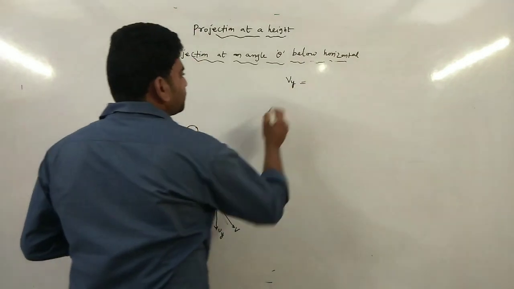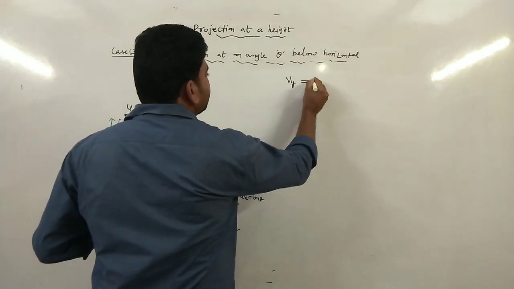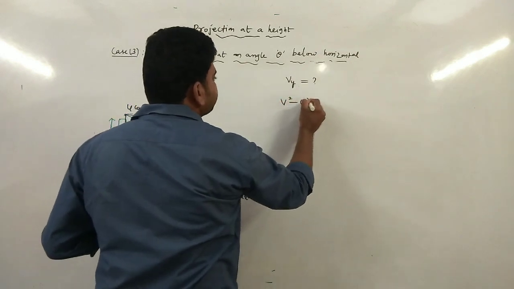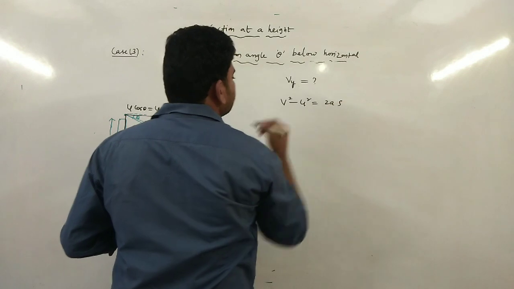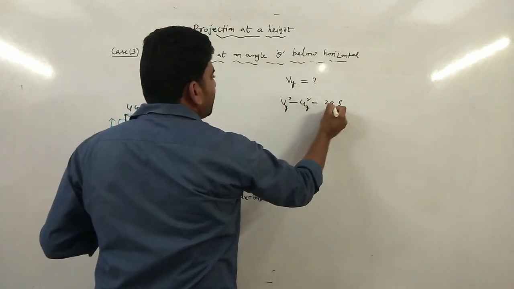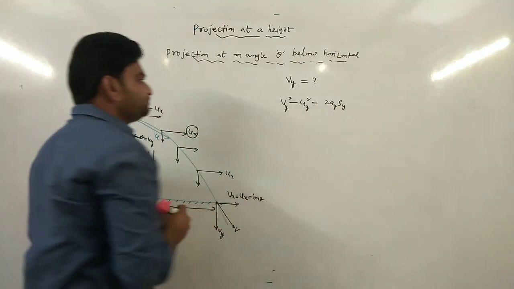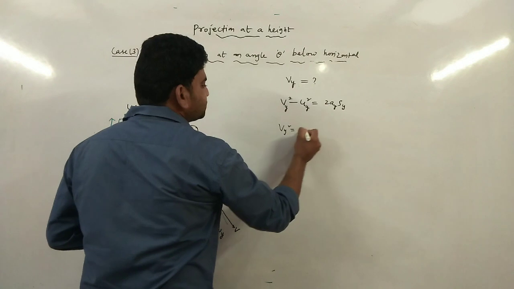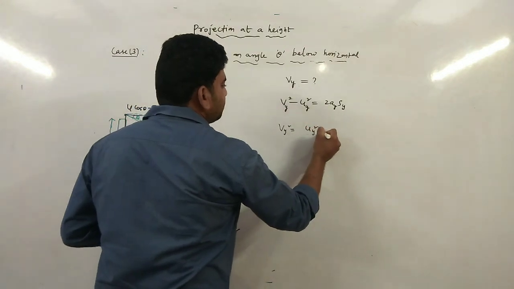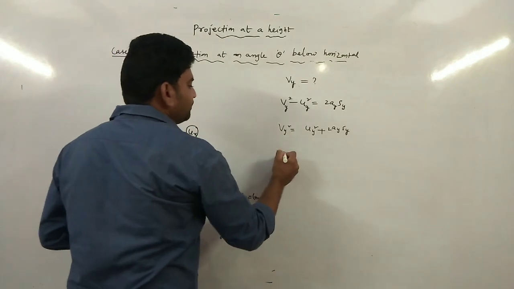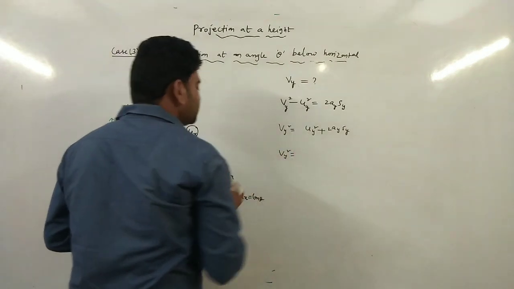So for that we need to calculate the value of Vy. For that I am using the equation v square minus u square is equals to 2as. This is considering along the vertical direction, so I am taking y like that. So Vy square can also be written as uy square plus 2 ay sy. What is the uy square value?